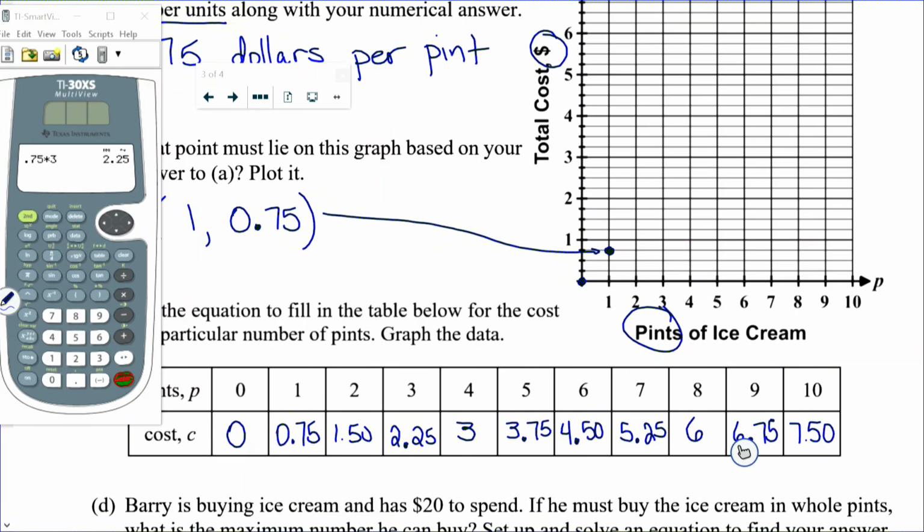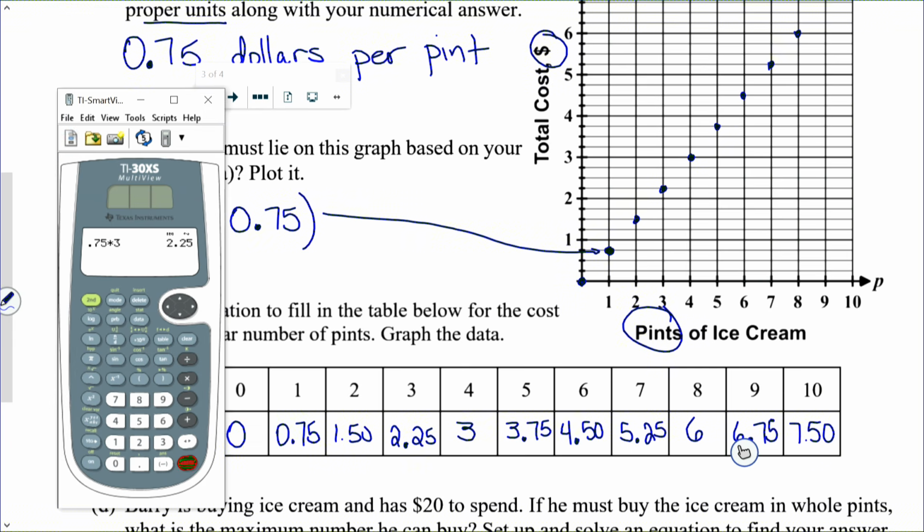We've got the 1, 0.75. 2, 1.50 is right here. 3 and 2.25 right here. 4 and 3, that's probably the easiest one, right? Then we've got 5 and 3.75. 6 and 4.50. 7 and 5.25. 8 and $6, 9 and $6.75.